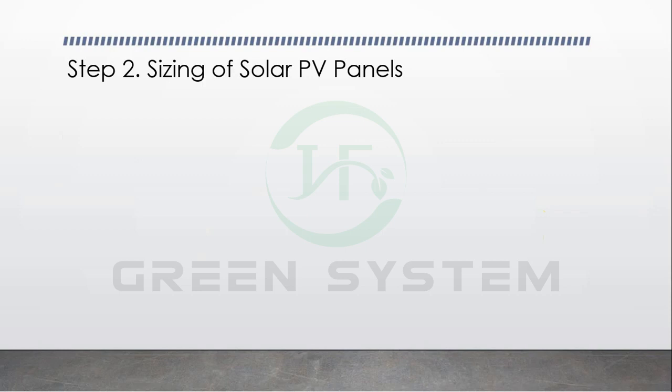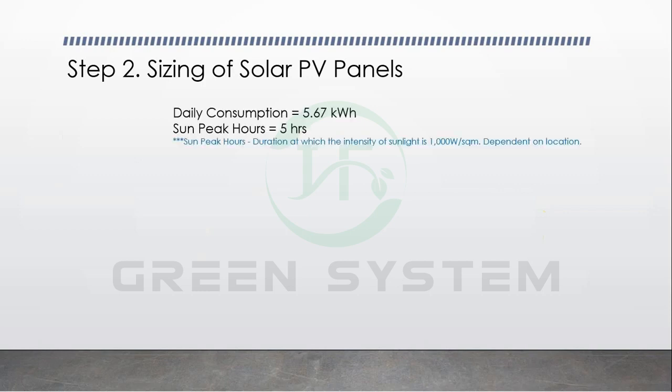Step number 2 is sizing our solar PV panels. Now that we have calculated how much power we consume daily, we also need to determine how much sun your location is getting, or what we call the sun peak hours. The sun peak hours is the duration at which the intensity of sunlight is 1000 watts per square meter, and the average sun peak hours is usually around 4 to 5 hours, and that value varies as you move away from the equator.